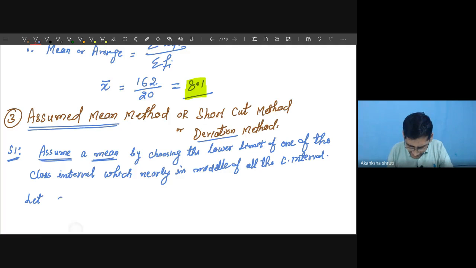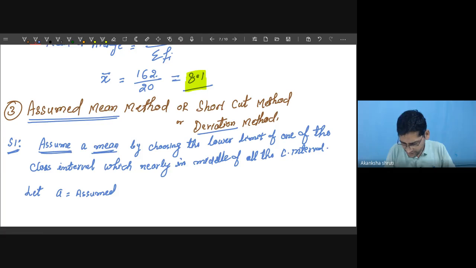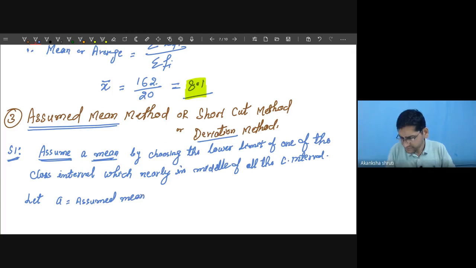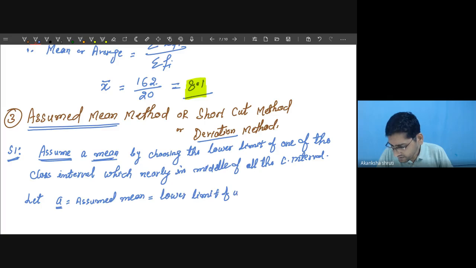So let A be the assumed mean. Which A? This should be the lower limit of a class interval. Get it?